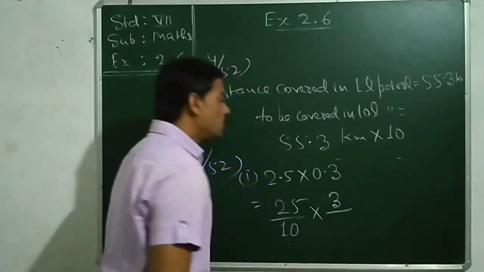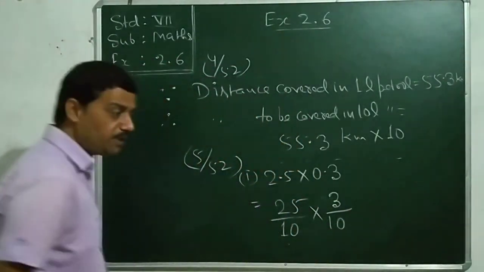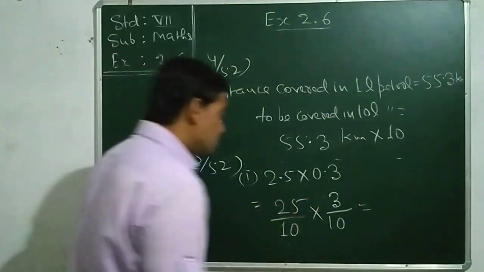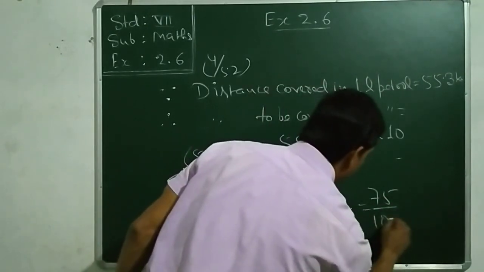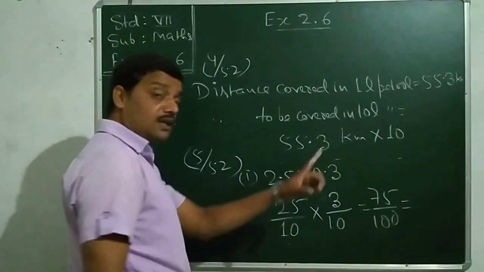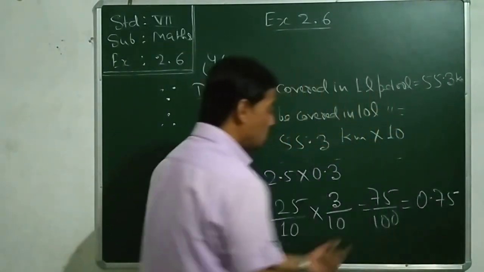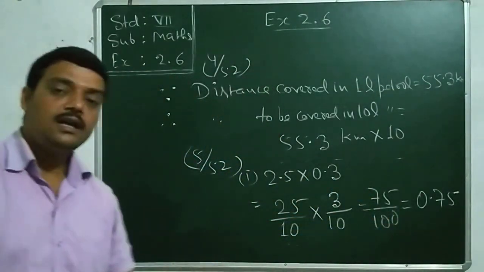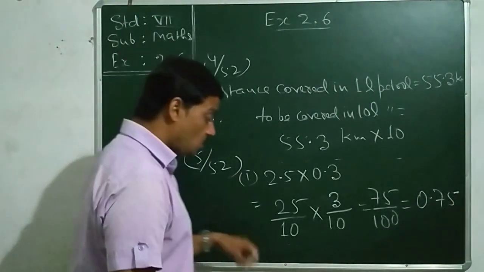So after removing the decimal, we write 10 in the denominator, and the resultant number is 75 by 10 into 10, 100, and the answer will be 0.75, because 2 digits are there, the decimal will come 2 digits to the left. In this way you will solve the remaining sums also.